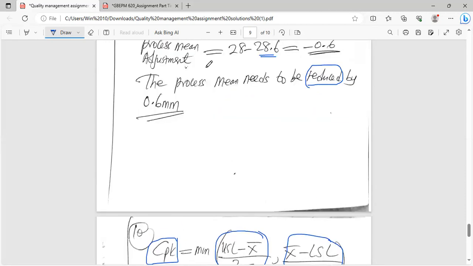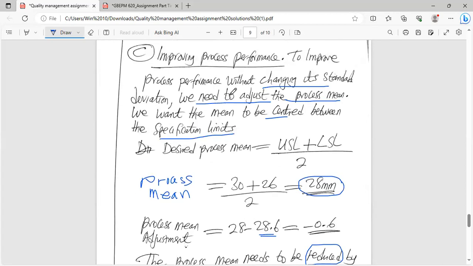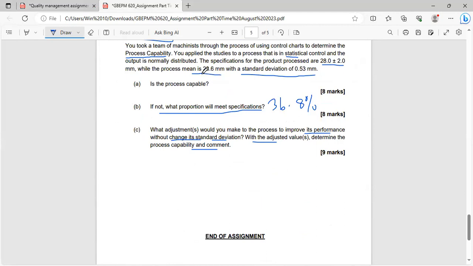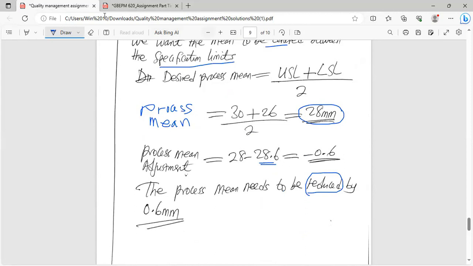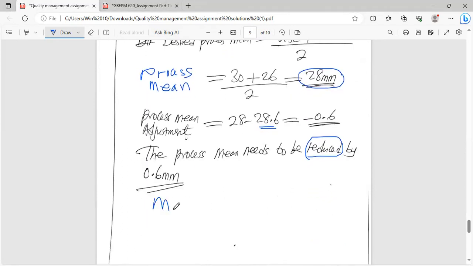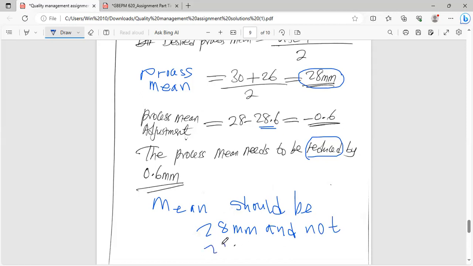So by adjusting the mean, without changing the standard deviation, the mean should be reduced. Instead of the mean of 28.6 in the question, the mean should actually be reduced to 28 millimeters and not 28.6 millimeters.